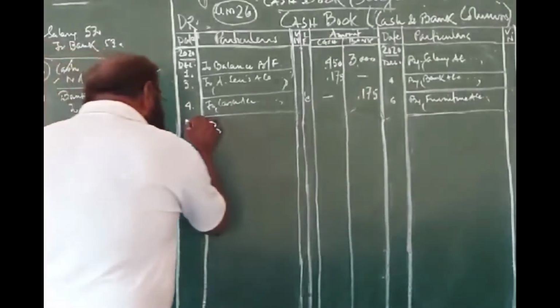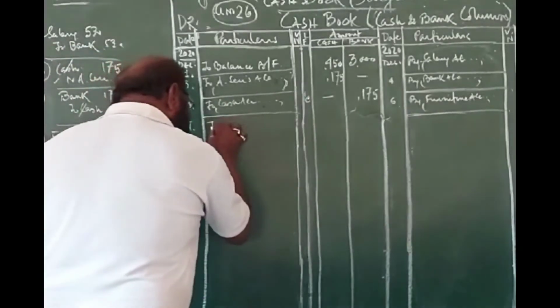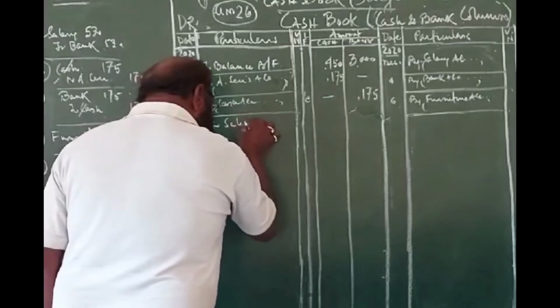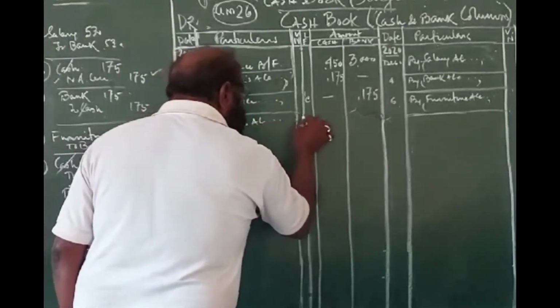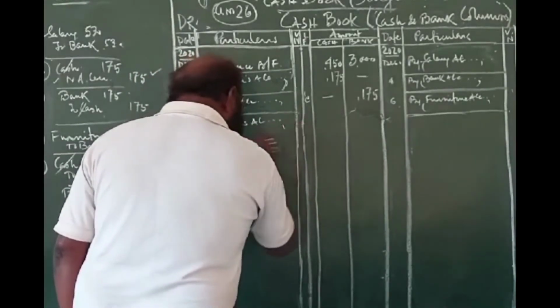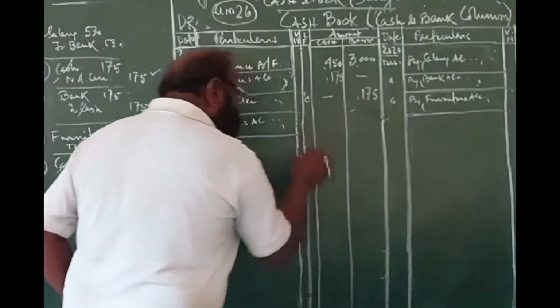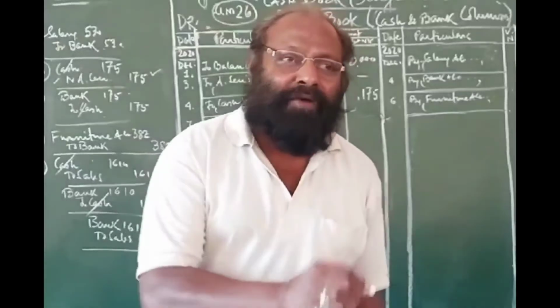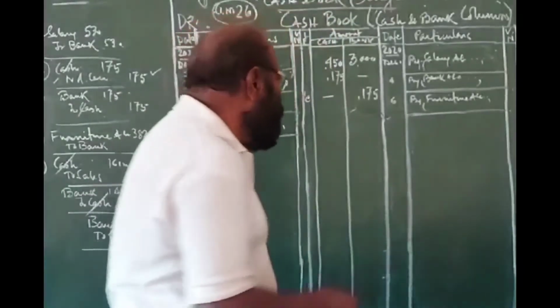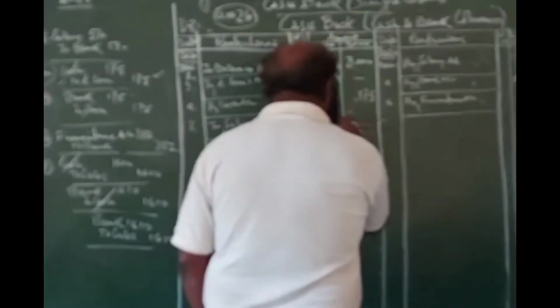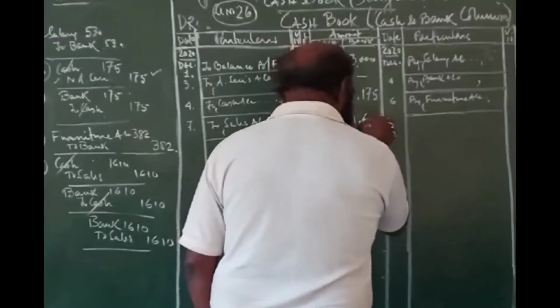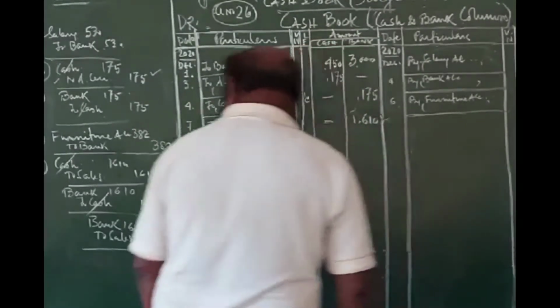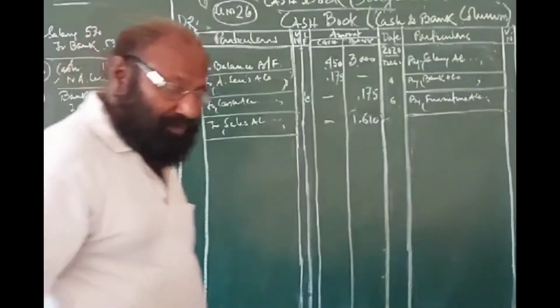Okay, so we are writing over here to sales, and addition will be being the goods sold. Okay, being the goods sold for cash and the amount immediately deposited into bank. Understood?